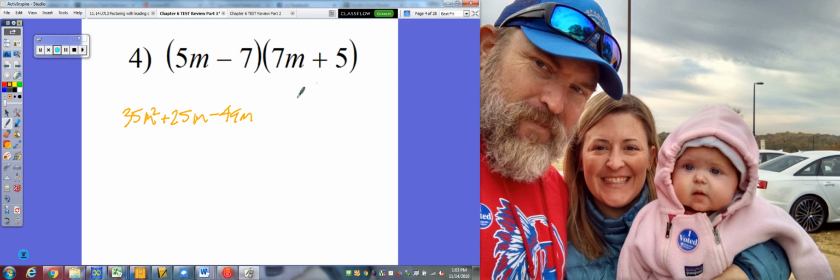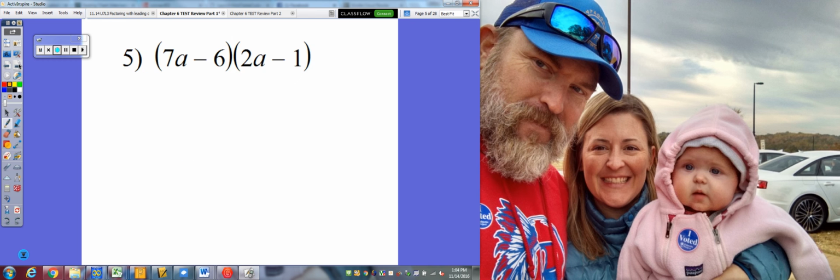Negative 7 times 5, negative 35. So now we have 35m squared. We combine like terms here, gives me a negative 24m minus 35. All right, let's look and see what else we've got.